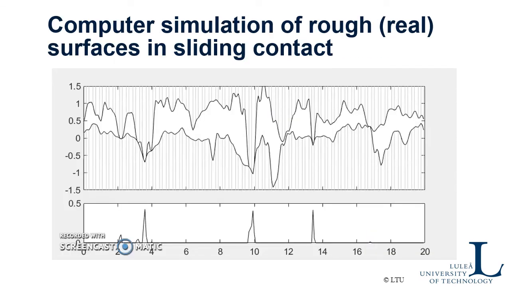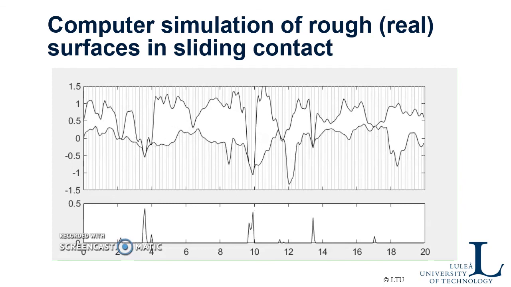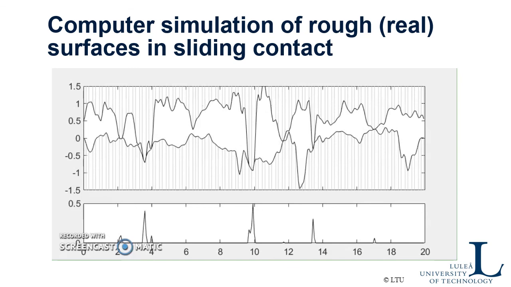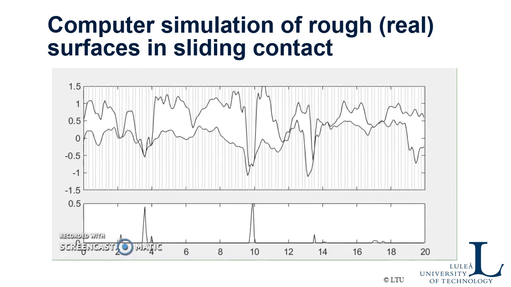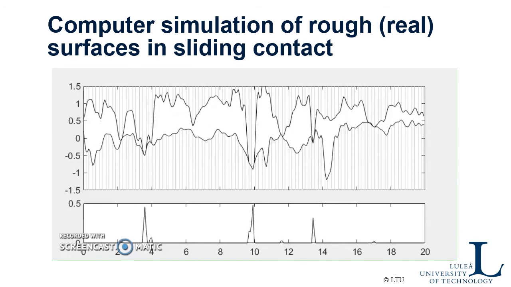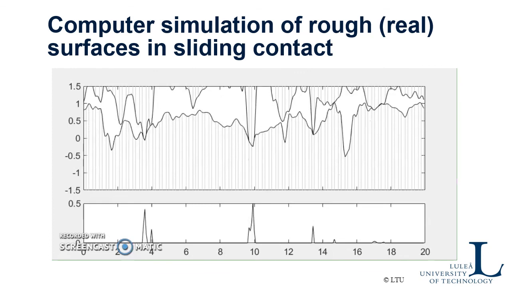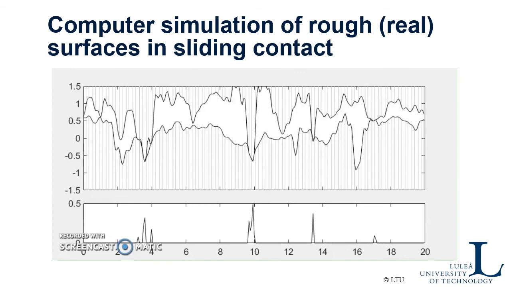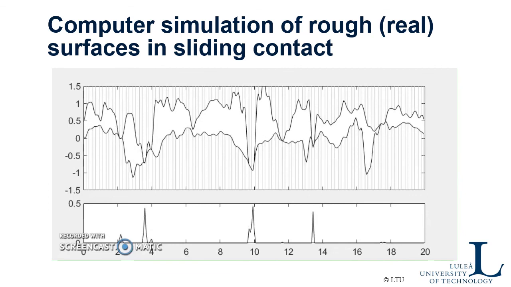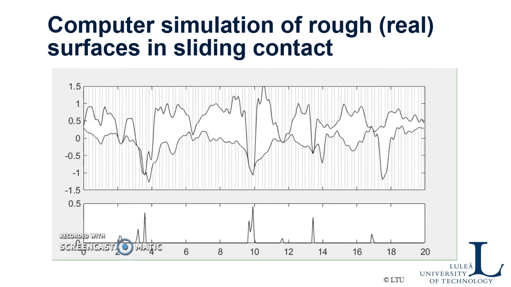And finally, I want to show some computer simulations. It's a little bit older ones, but showing a rough surface sliding in contact with another rough surface. It's not the nicest simulation maybe, but it shows something that is very important to remember, that surfaces, first of all, they only touch in a few tiny spots, and in those tiny spots the pressure becomes very high.